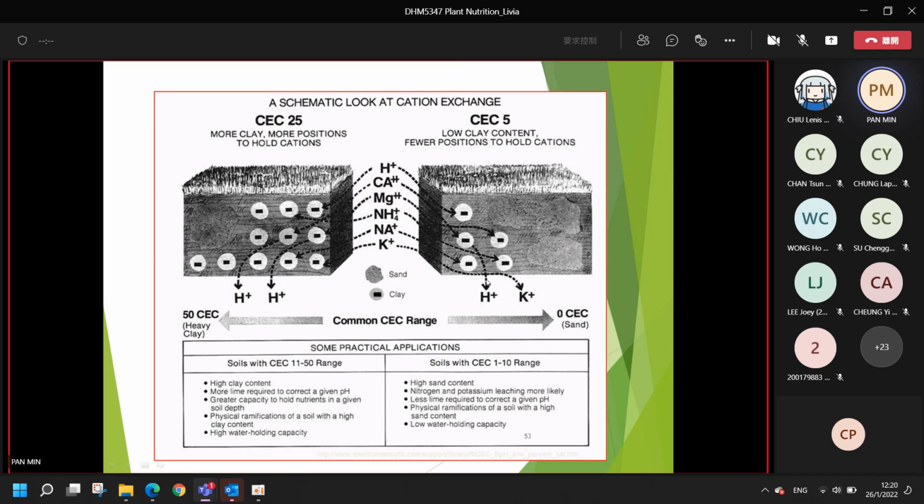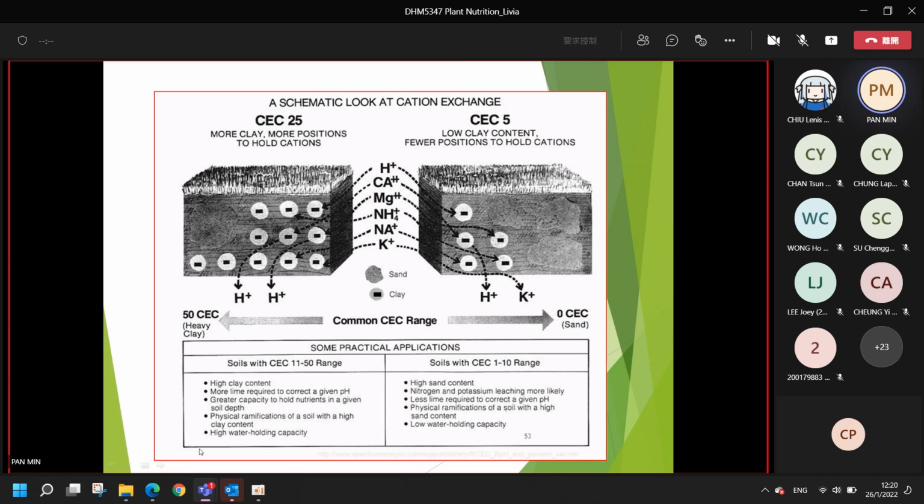The nutrient ions will easily leach out, because all the binding sites are occupied by hydrogen ions or aluminum ions, and in this situation the soil fertility is decreased.